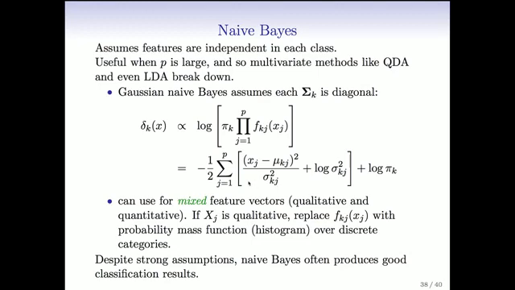So naive Bayes is very handy from this point of view, and even though it has strong assumptions, it often produces good classification results. Because once again, in classification, we're mainly concerned about which class has the highest probability and not whether we got the probabilities exactly right.